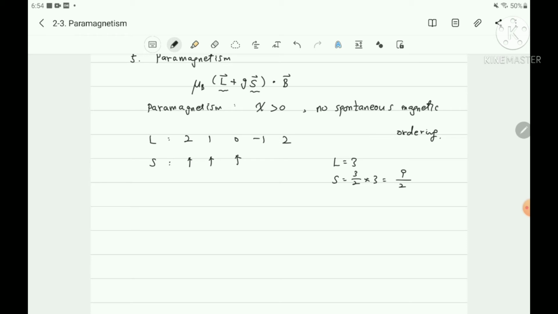In the previous talk, I said that fully occupied orbitals do not have a paramagnetic term.